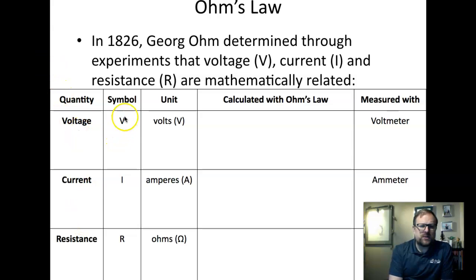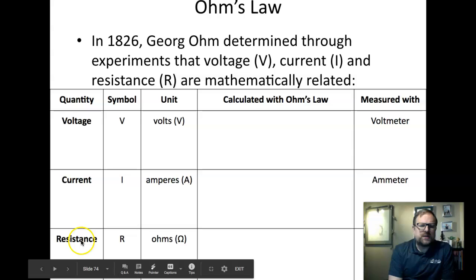So we have voltage, represented by the symbol V, measured in volts, which are also given the unit V. Current, represented by the symbol I, measured in amperes or amps. And resistance, represented by the symbol R, measured in ohms, using the omega symbol. And this middle column, I'd like you to go back to in your notes in a second after we do the next slide, and I can explain what's going on in there.